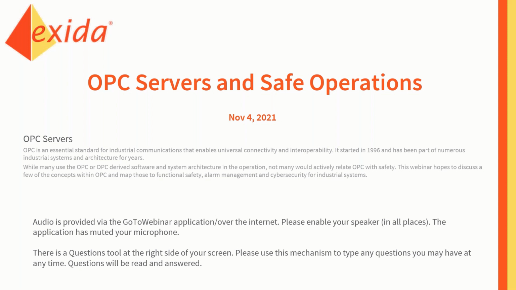OPC has a lot of features within its framework and architecture that can allow a lot of implementations and alignment with functional safety standards, alarm management standards, and also cybersecurity standards. So that's the main theme of today's discussion.